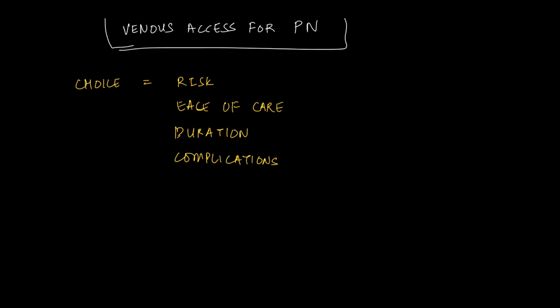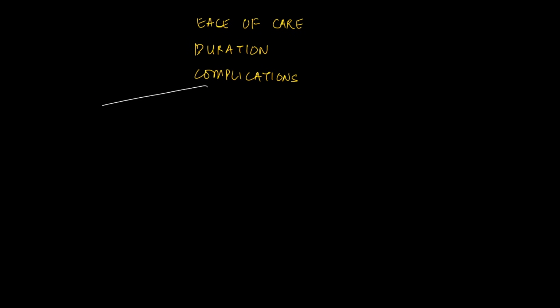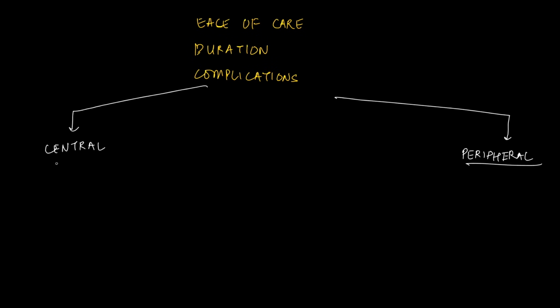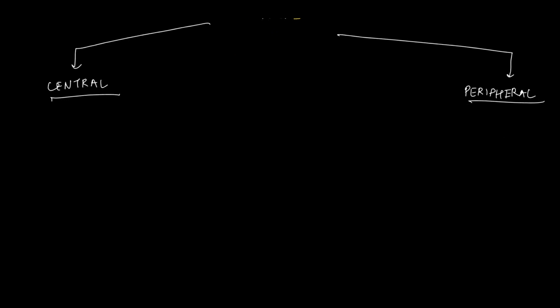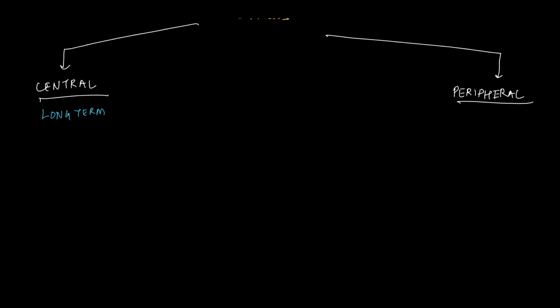So we have two choices in such a case. One is the central access, and the other is a peripheral access. So a basic understanding is that a central access is needed when we think of a long-term parenteral nutrition requirement, and a peripheral access is required for short-term parenteral nutrition requirements such as 10 to 14 days.